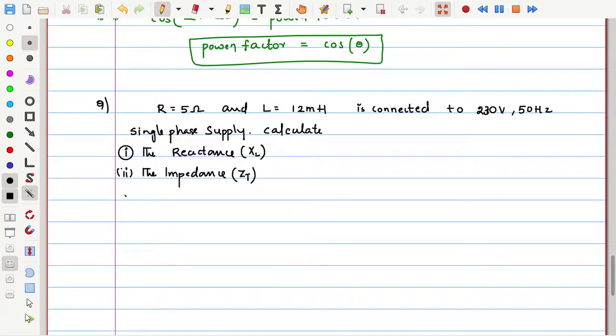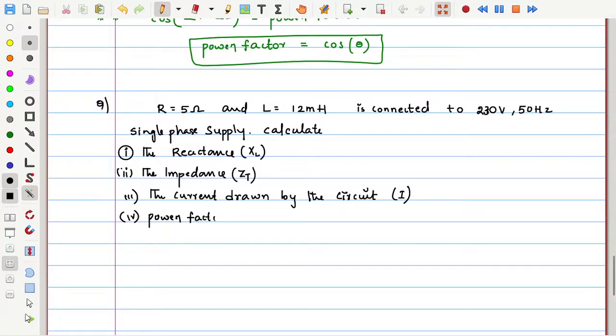The third point is the current drawn by the circuit, which means I, the magnitude of the current. And the last point is the power factor of the circuit.